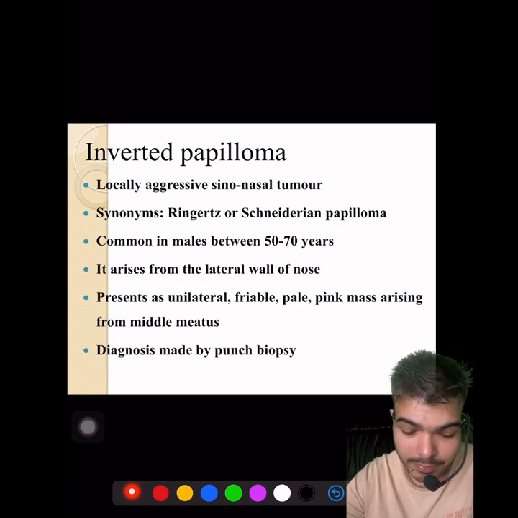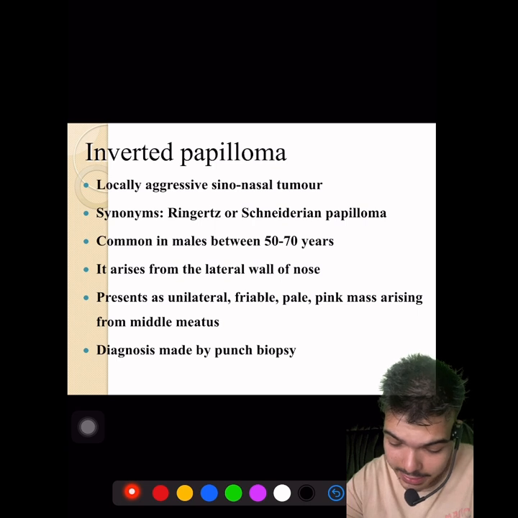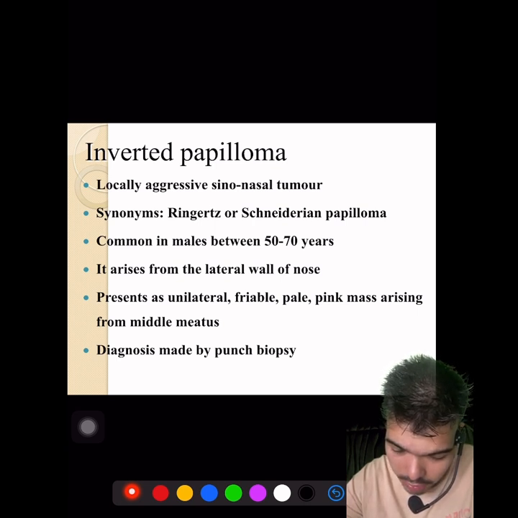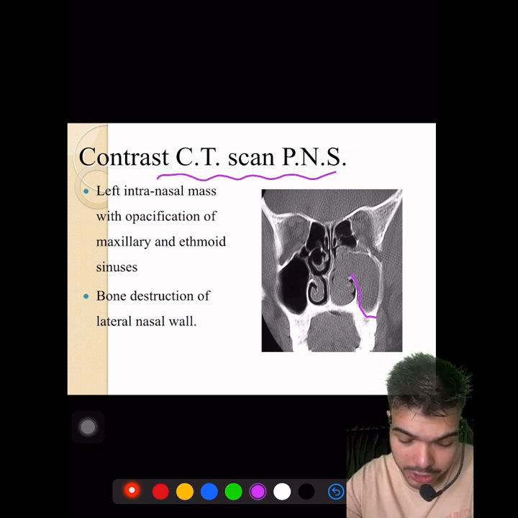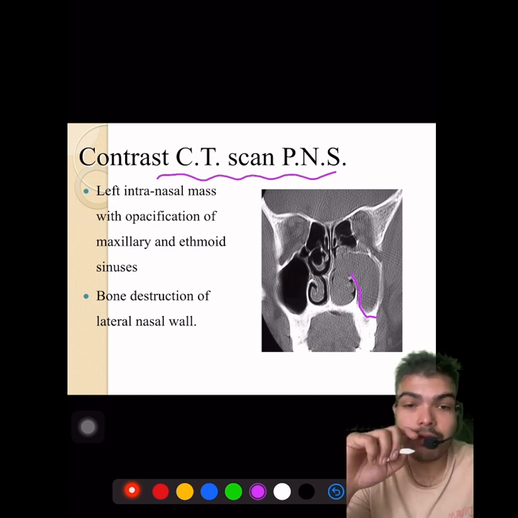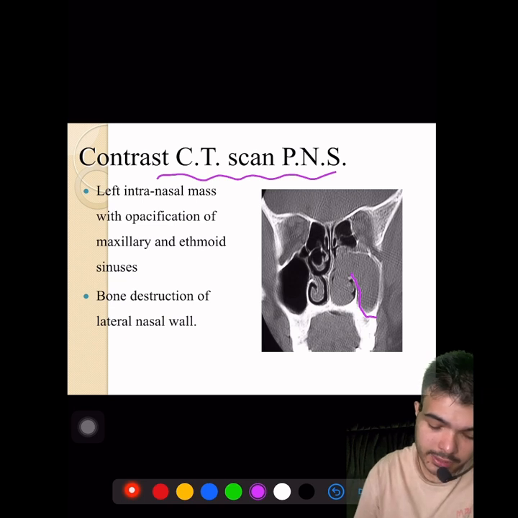So, contrast CT scan of the PNS shows a left intranasal mass with opacification of the ethmoid and the maxillary sinus. See here, all covered, no? That is why medial maxillectomy with en-bloc ethmoidectomy. Bone destruction can be seen, and if there is any bony destruction, the investigation of choice will be CT scan.